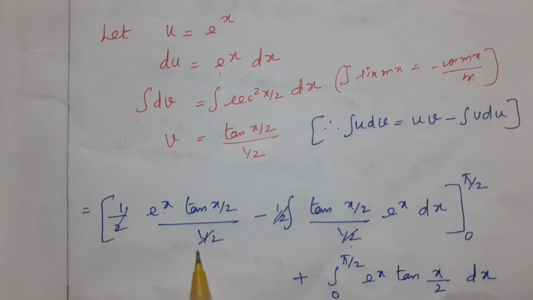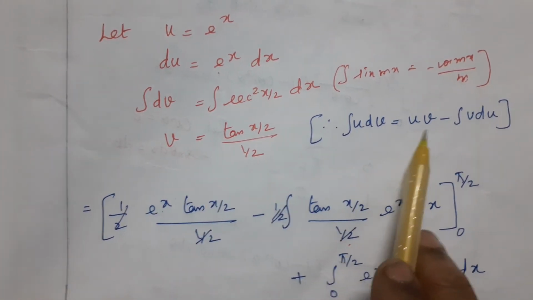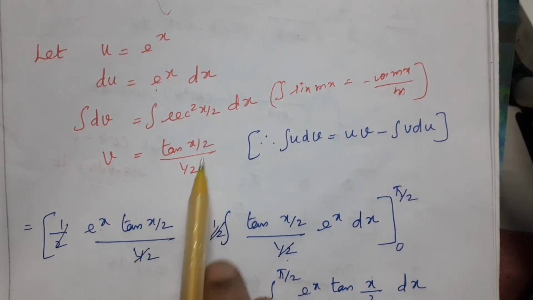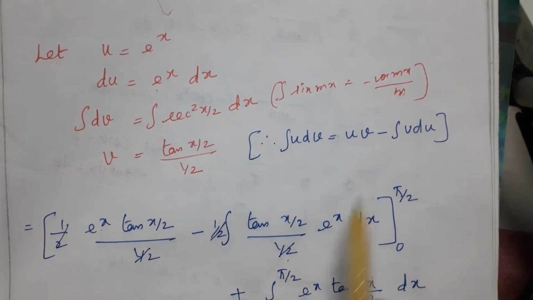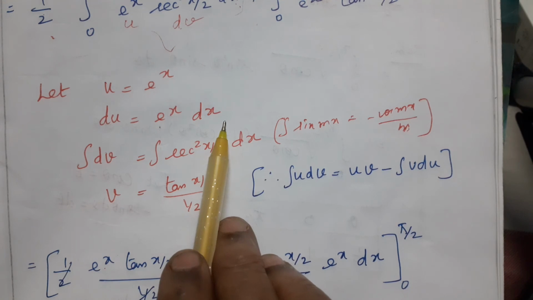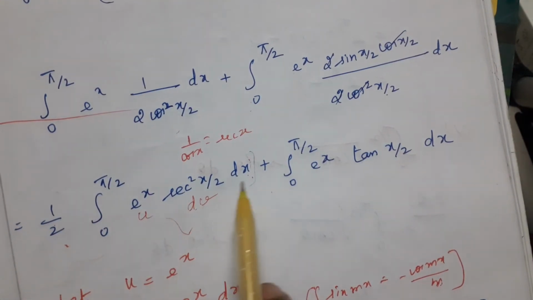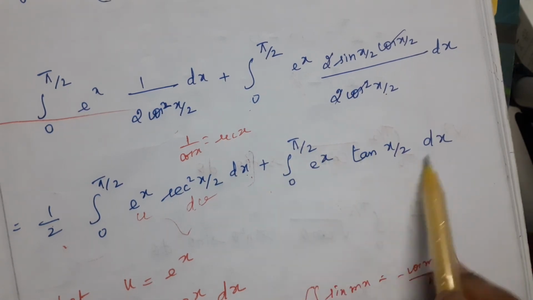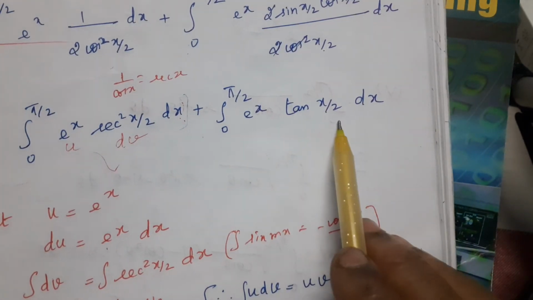See here, 1 by 2 e power x tan x by 2, uv minus integral of v du. v is tan x by 2 divided by 1 by 2, and du is e power x dx. This is the integration for the first step. Plus the second integration, keep it as itself; we are not using any substitution method.